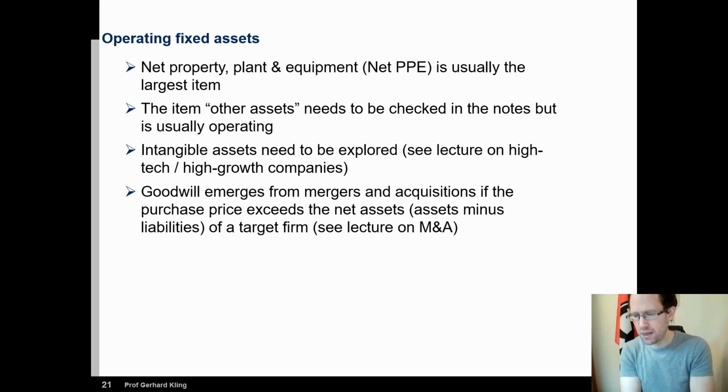For instance, after paying off the debt, you get the net assets of a target firm, and usually the price you pay is higher than that, because it's not only the assets and liabilities you want to acquire, you also want to acquire, for instance, the customer base or a certain product innovation or anything else you think is worth acquiring. So this difference is then recorded as goodwill on your balance sheet. And again, I might explore this further when we talk about mergers and acquisitions.